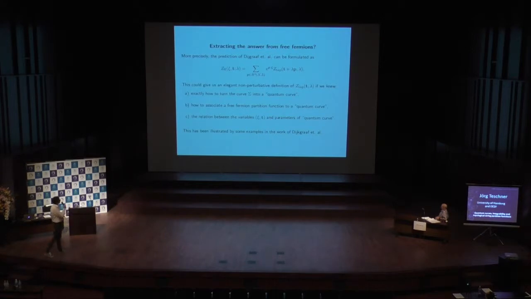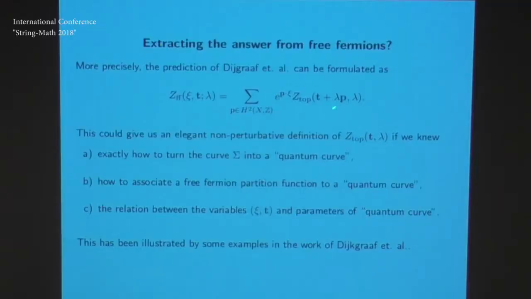All right, so the proposal that then was formulated by Dijkgraaf et al. is a little more precisely formulated in this form. The relation between the free fermion partition function and the topological string partition function takes the form of a sort of Fourier transformation, where one is summing over some charge lattice here, and one is shifting the Kähler parameters on which the topological string partition function depends in a specific way by integer multiples of the coupling lambda.